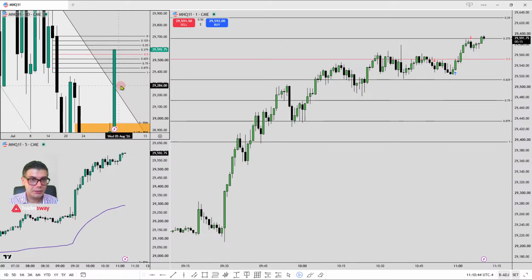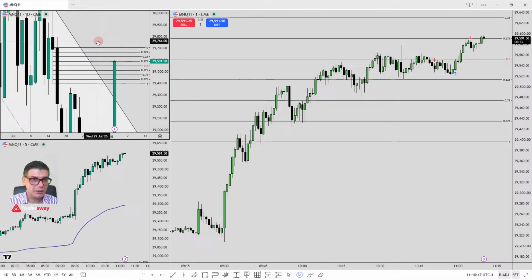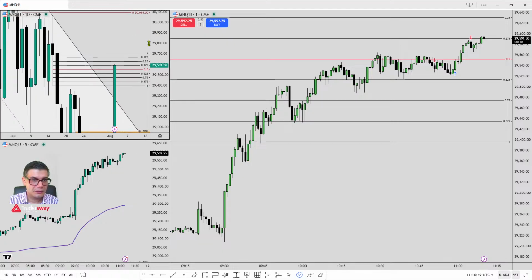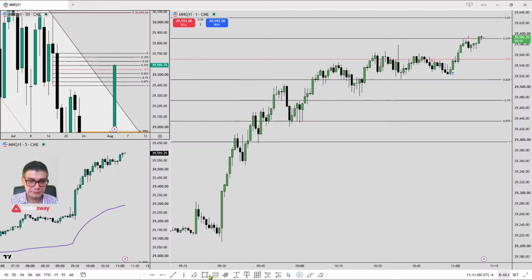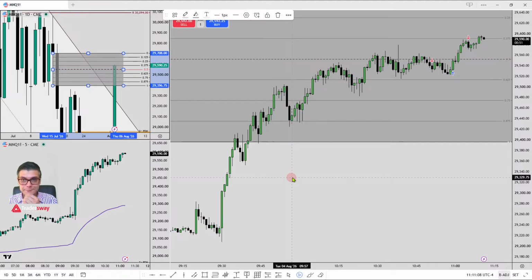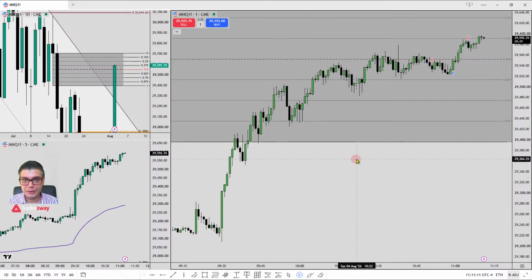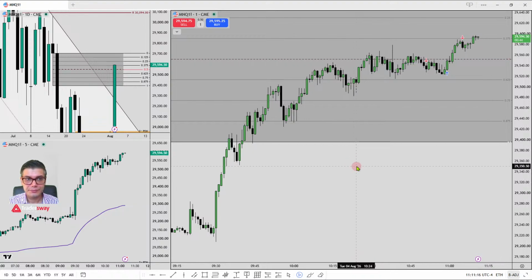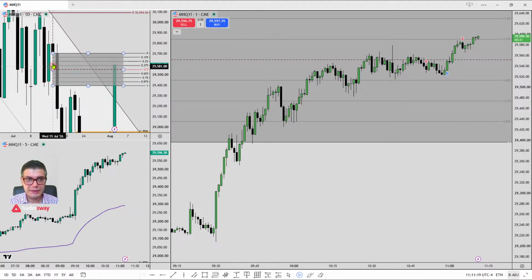That's one big bullish candle. All right. We are inside that tail. But there were buyers in that tail. See that? Because it pulled higher.